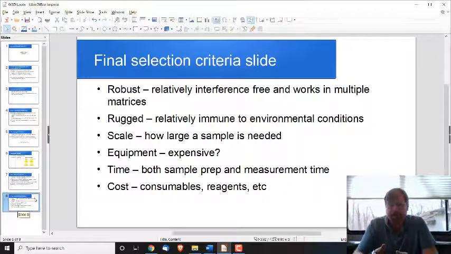Just time. You've got to think about how long it takes to prepare the sample and do the measurement. So back to equipment, some of the equipment might be faster or more necessary. Sometimes the measurement time, even with that, can take quite a while.